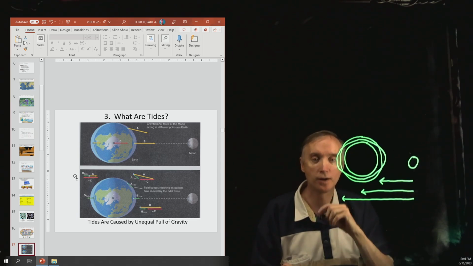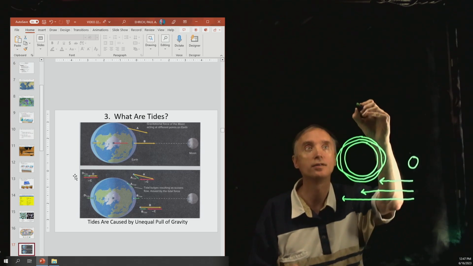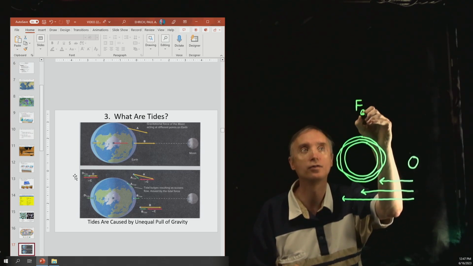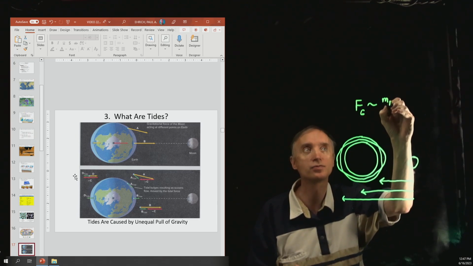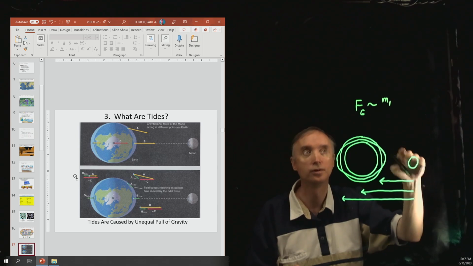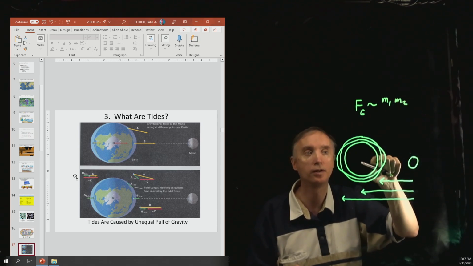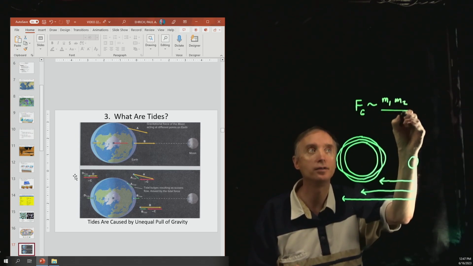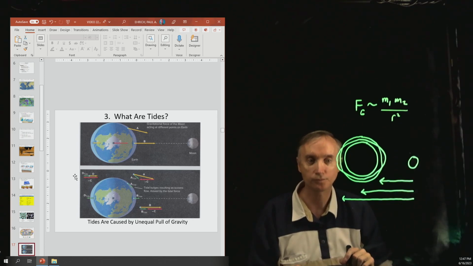In a previous lecture, we talked about gravity, and we said that the force of gravity was proportional to mass 1, so that could be the moon, times mass 2, that could be this water right here, divided by r squared, where r was the distance between the water and the moon.